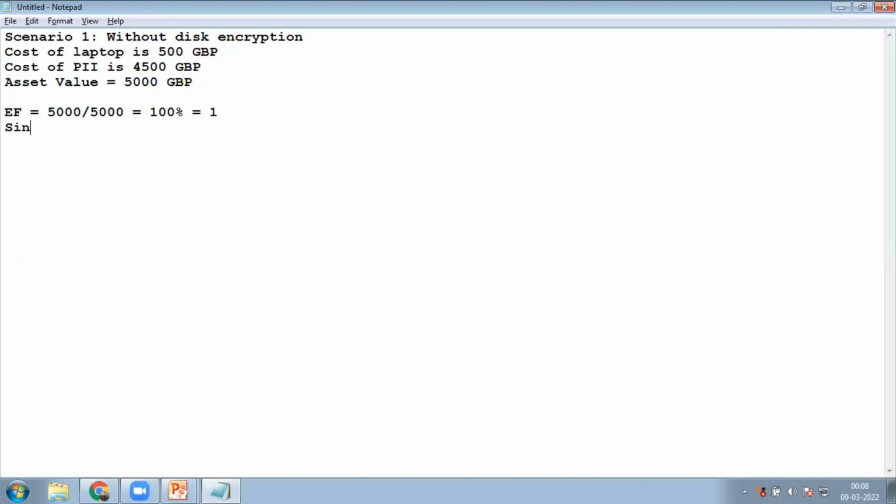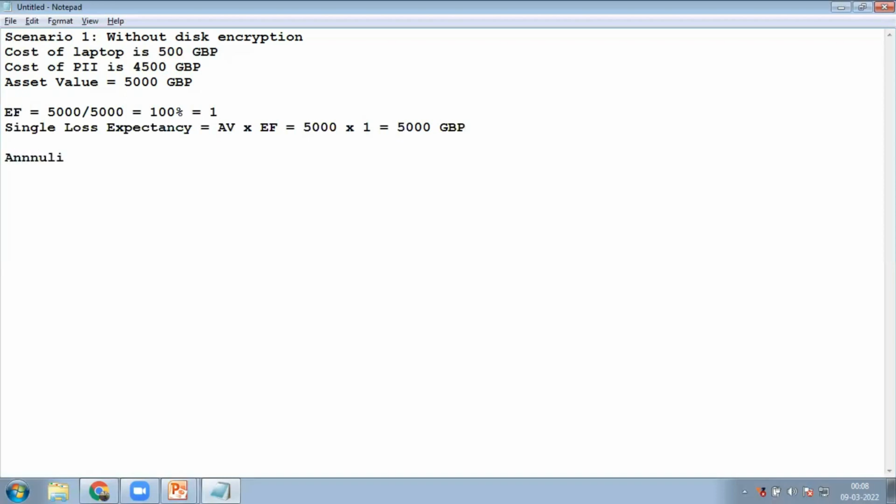So single loss expectancy is equal to asset value multiplied by the exposure factor, equal to 5,000 pounds multiplied by 1, equal to 5,000 pounds. So one time this incident has happened, we are losing 5,000 British pounds.